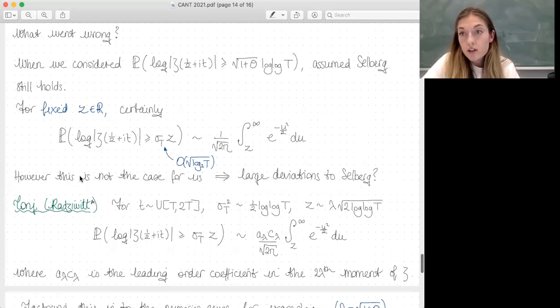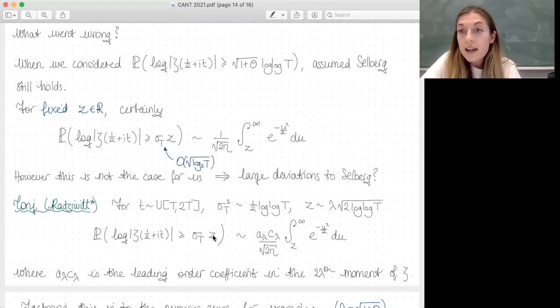So you tend to find a conjecture from Razaville from about a decade ago, which is exactly the regime that we're after. Again, the precise details of what this conjecture said don't really matter, but let me just say, this Z now is not real. Now it's the right sort of size that we want. It's root log t. So in total, this here is order log t.